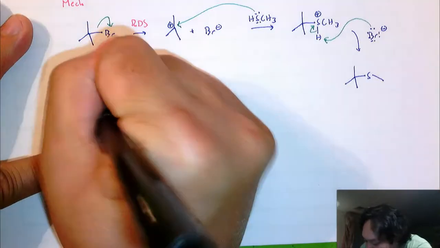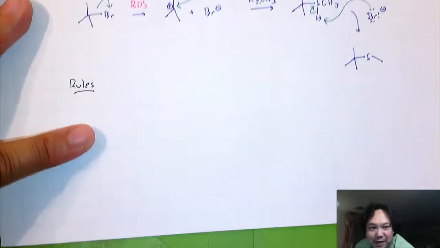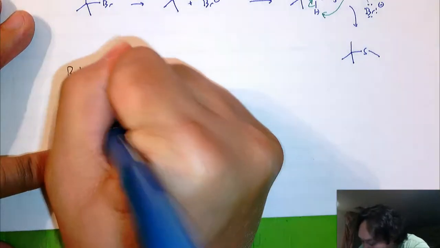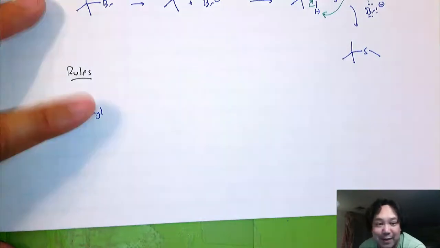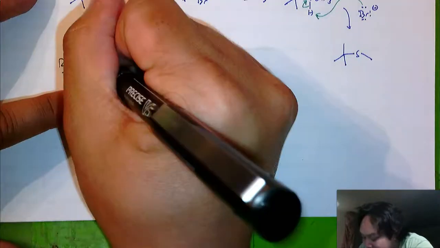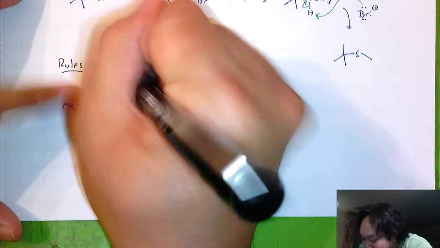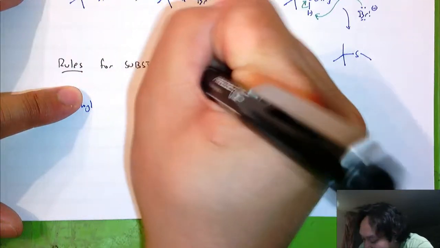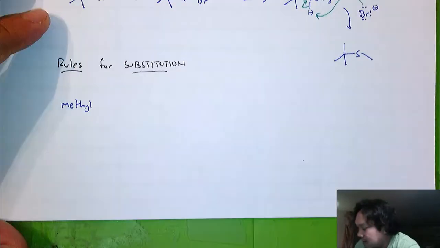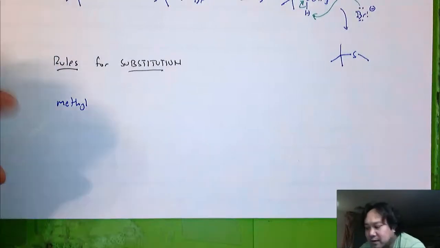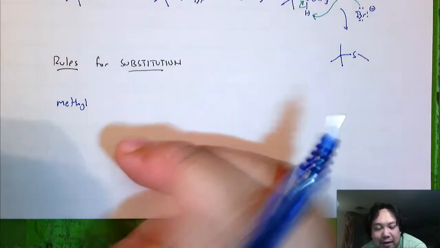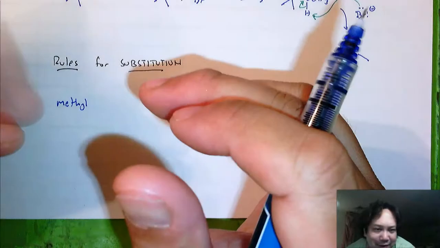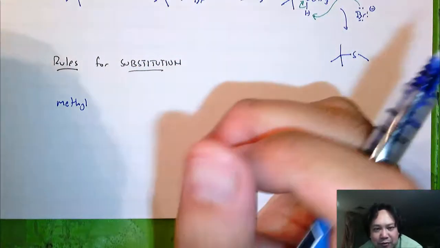I'm going to give you some steadfast rules. Okay? Methyl halide. Oh, by the way, I have to put a disclaimer here. Methyl rules for substitution. There's also competing elimination reactions, but some professors will try to keep those separate.